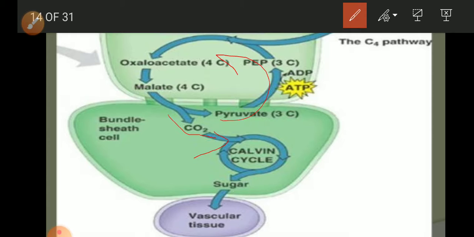So carbon dioxide will go into the Calvin cycle, and the sugar which forms will go into the vascular bundle. So here that is done in the cytoplasm, and that can be done in the bundle sheath also.